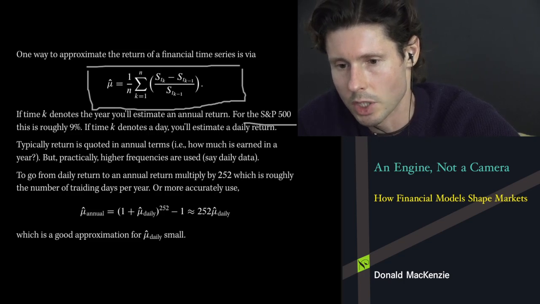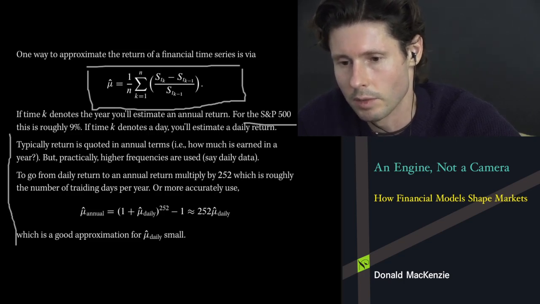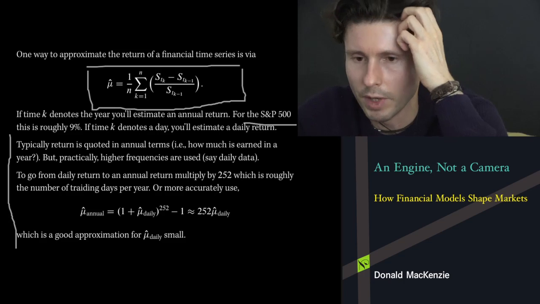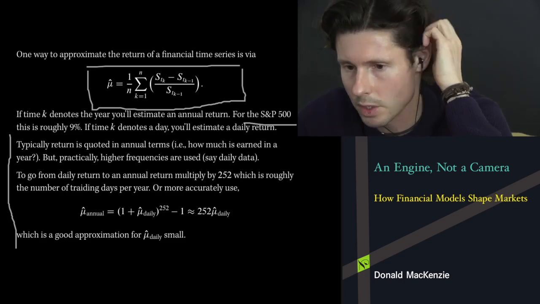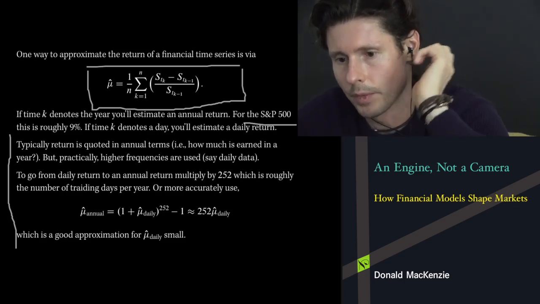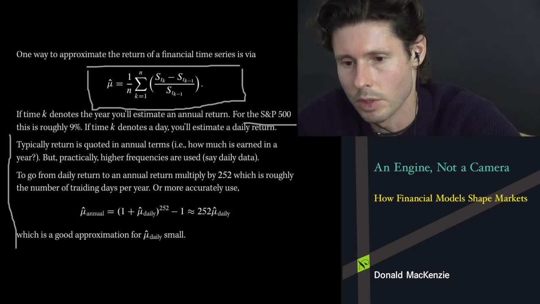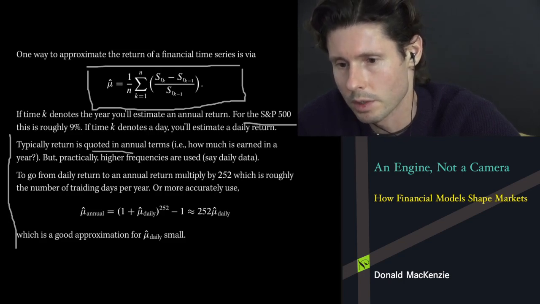And then besides that, there are different conversions and conventions around quoting the return. In U.S. equity, it's often that you quote the return in annual units, so annualized numbers, which would be true if time here was of a unit of 1 year.